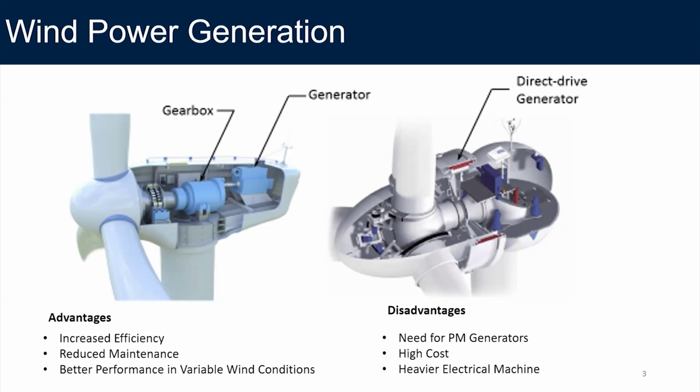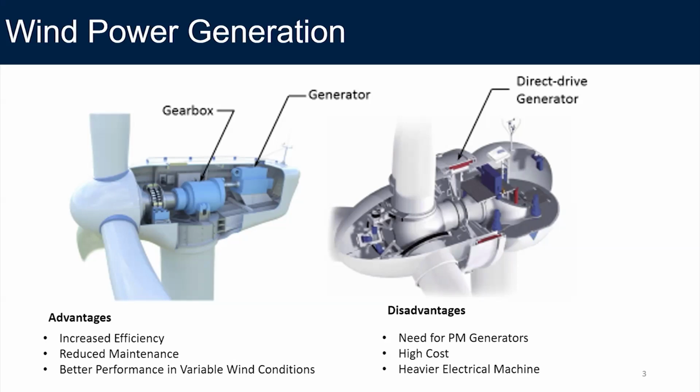If it's running through a gearbox, you have other issues such as backlash and certain vibrations that happen because of the gearbox itself. So when we eliminate the gearbox, that's beneficial in certain applications such as wind power generation. However, when you look at direct drive machines for wind power applications, they tend to be permanent magnet generators these days.